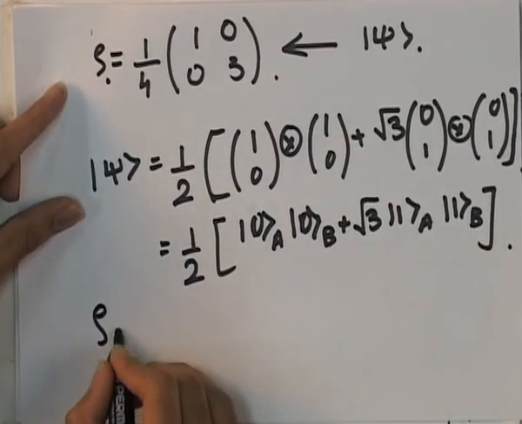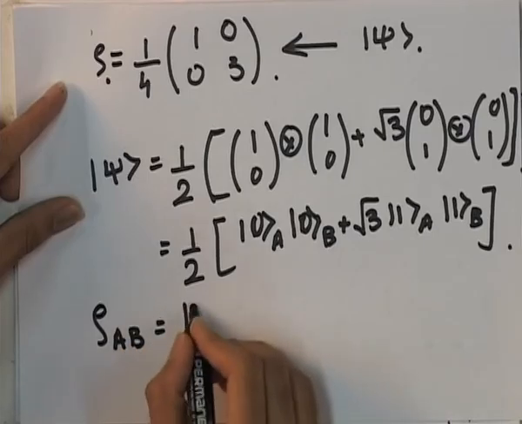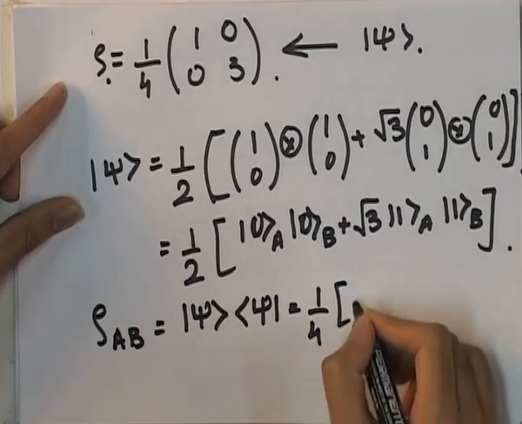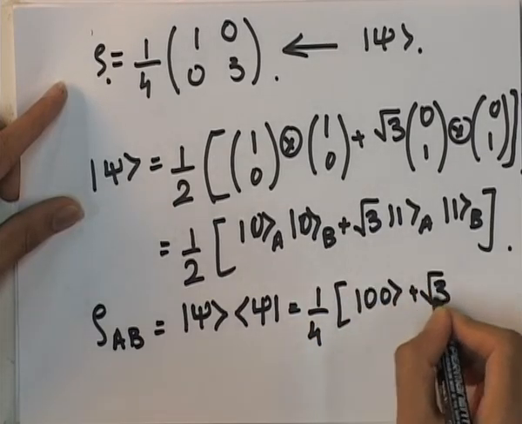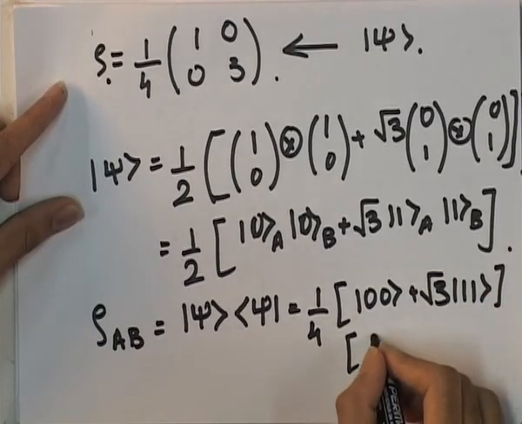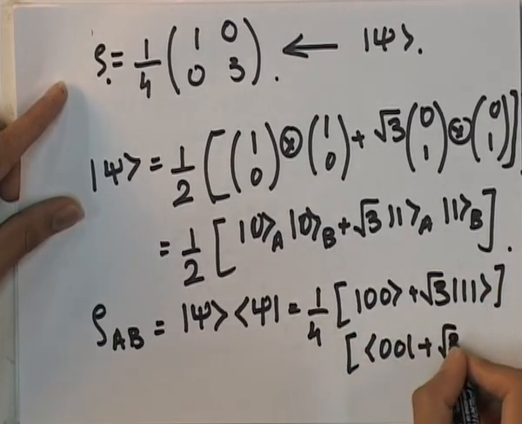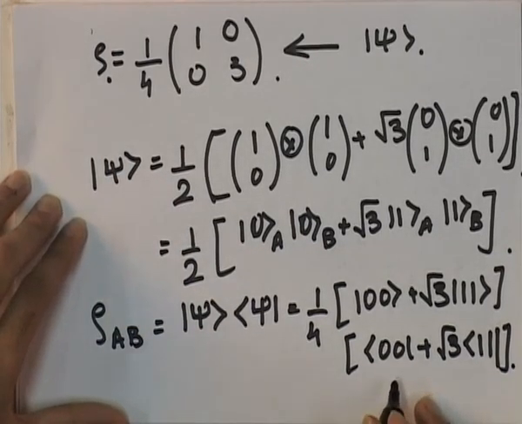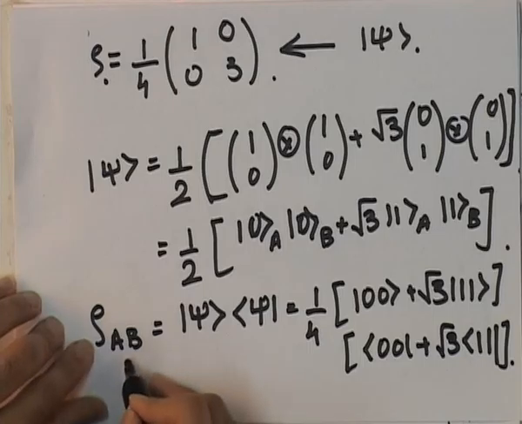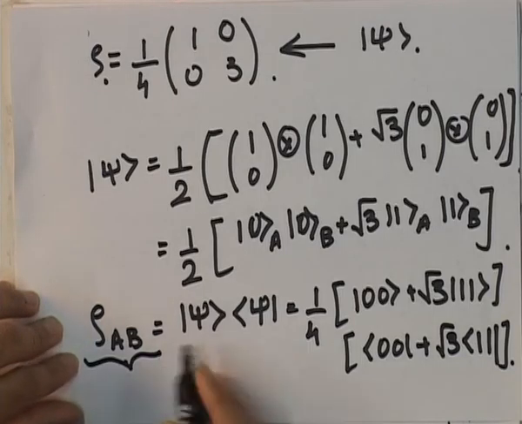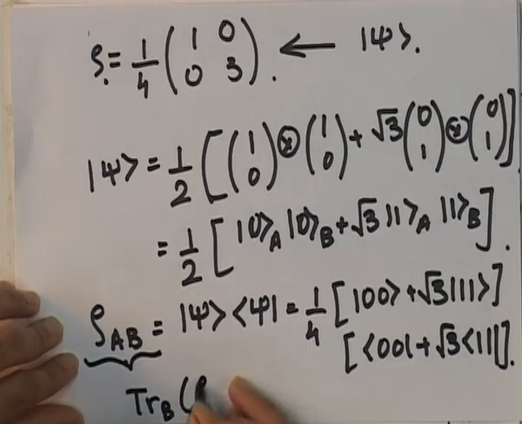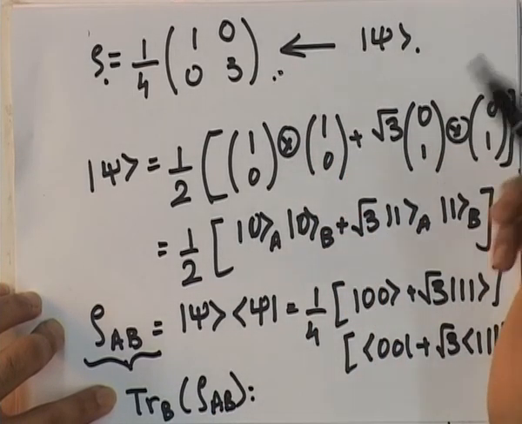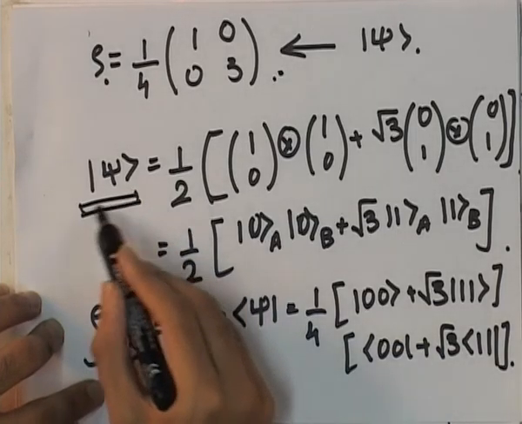The density matrix rho AB would be given by ket psi bra psi, which would be 1 by 4 times (|00> plus root 3 |11>)(<00| plus root 3 <11|). Now we need to take the reduced density matrix of this, that is, the trace of rho AB with respect to B. If this turns out to be the same as rho, then this state should correspond to a right answer.